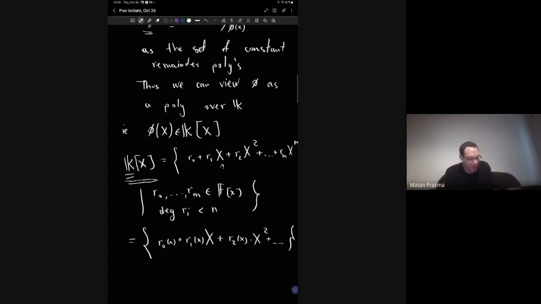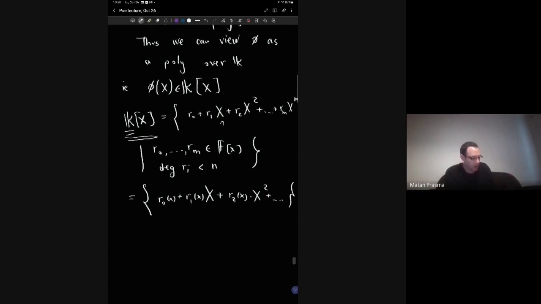Yeah. So now, of course, you have phi with lowercase x is some kind of a, let me just write it with coefficients, a0, a1 x up to an x to the n, right? We said that phi is a polynomial of degree n. Now, a0, a1 up to an, they can be viewed as remainder polynomials.